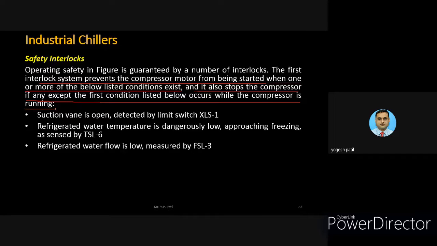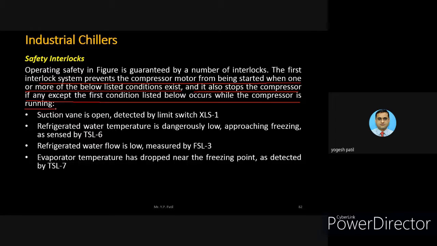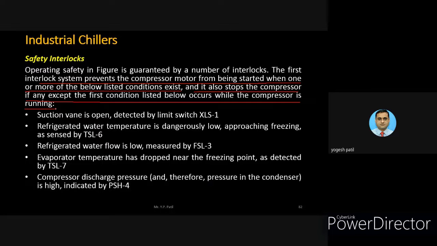Another interlock is connected to refrigerator water flow. All of them are connected to the motor control. When the refrigerator water flow is low, that is also an alarming condition measured by FSL3, then also the motor is off. If the evaporator temperature has dropped near the freezing point, measured by TSL7, then also the motor is off.